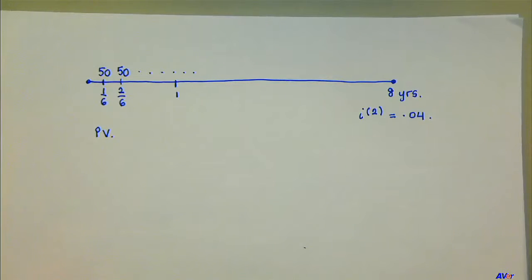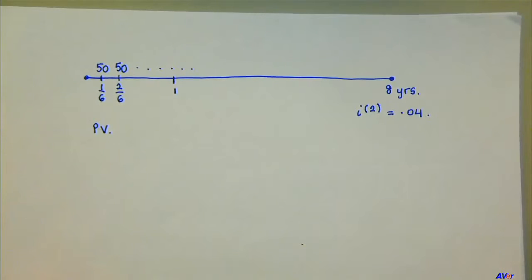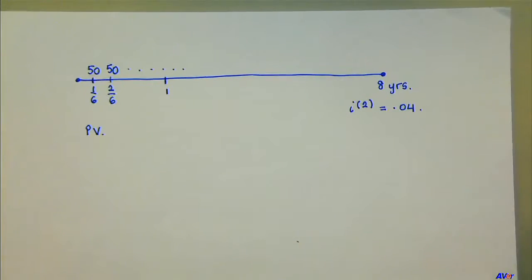What are the steps? Can you outline them for me? What's the game plan here? I want to find the total annual payment. I also want to do it at what interest rate? Annual interest rate.